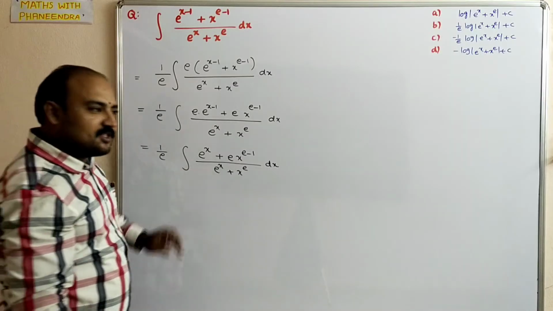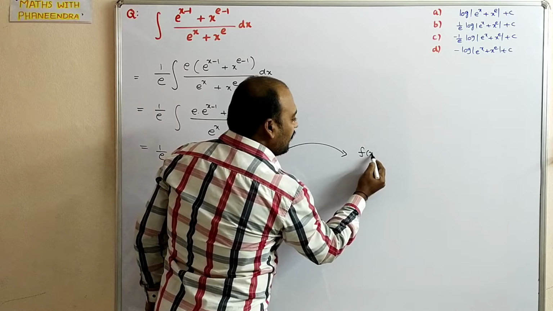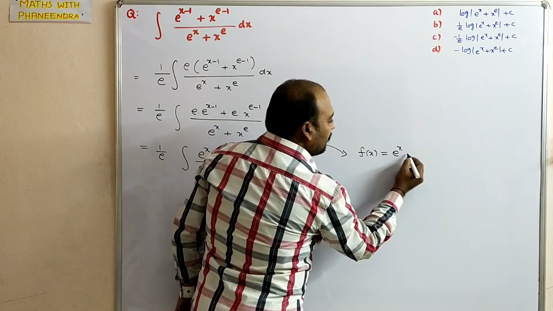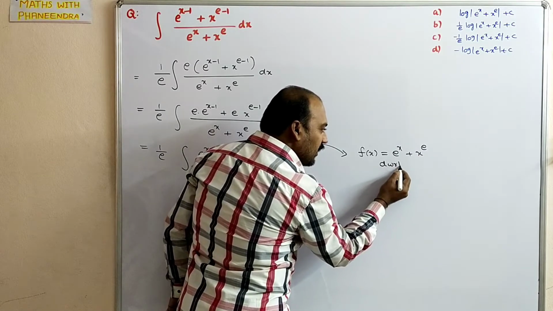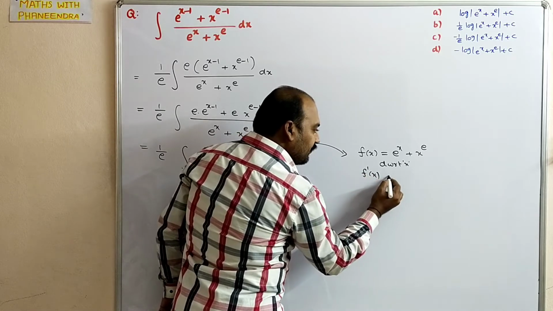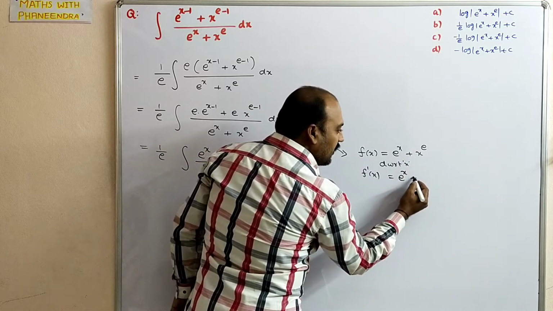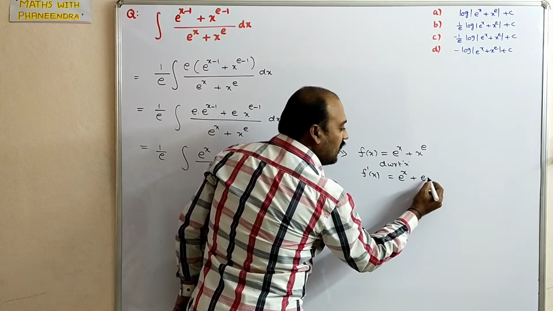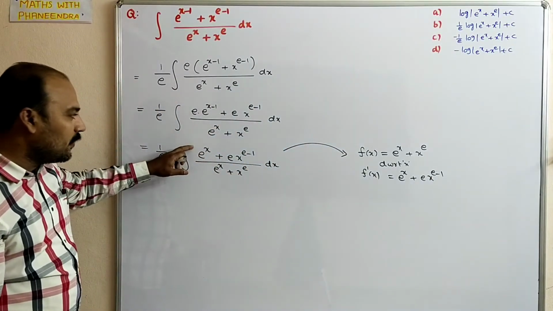After getting this step, observe carefully: f of x is e^x plus x^e. Differentiate with respect to x. f dash of x equals e^x, whose derivative is e^x, plus x^e, whose derivative is of x^n type, so n times x^(n minus 1), e times x^(e minus 1), which is there exactly in the numerator.